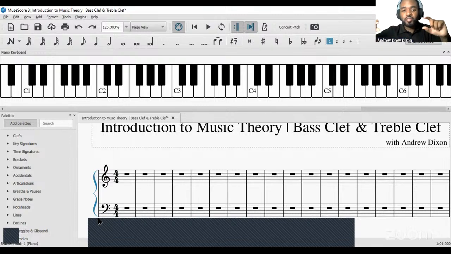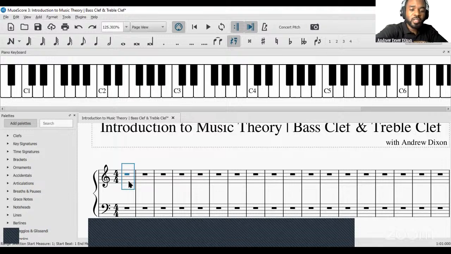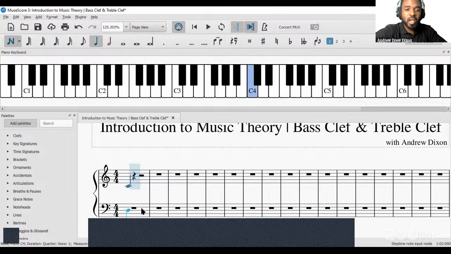As a piano, keyboard or organ player, you would be reading the notes on the treble clef as well as the notes on the bass clef simultaneously, at the same time.